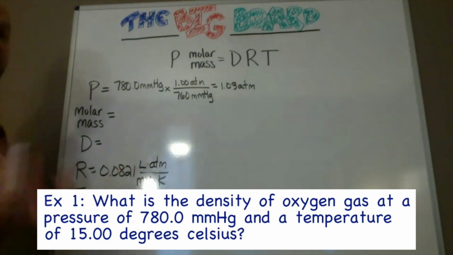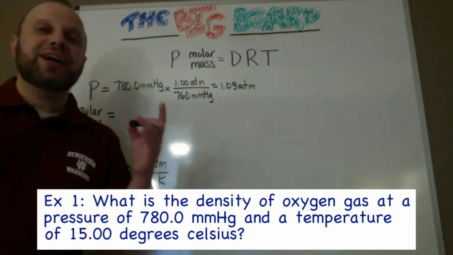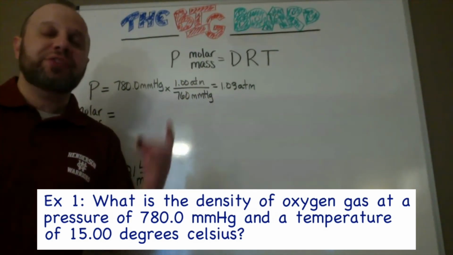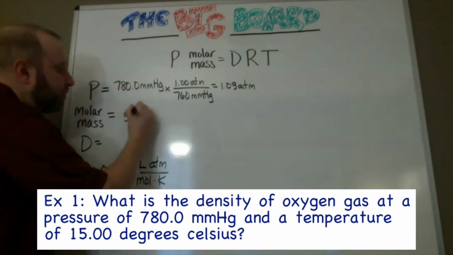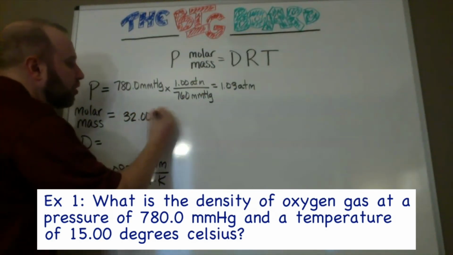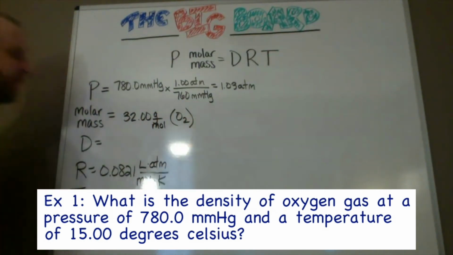Now, the molar mass that we're using is for oxygen. Think, oxygen is not 16, it's a gas, it's 32, it's O2. So the molar mass is 32.00 grams per mole, and remember that's for O2, oxygen gas.